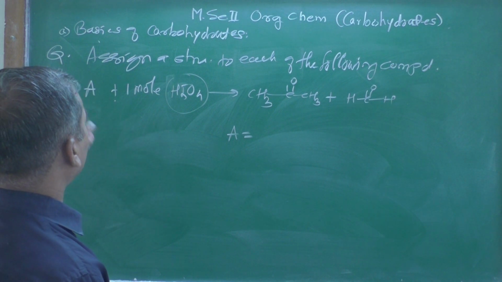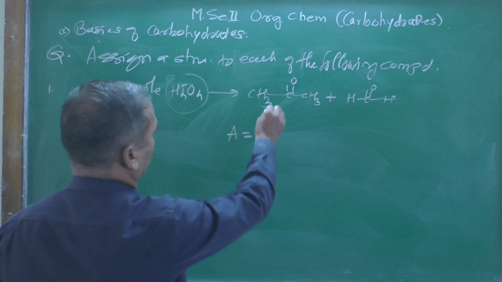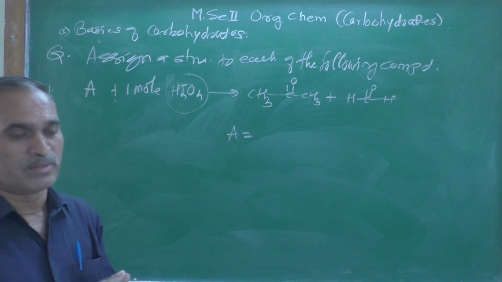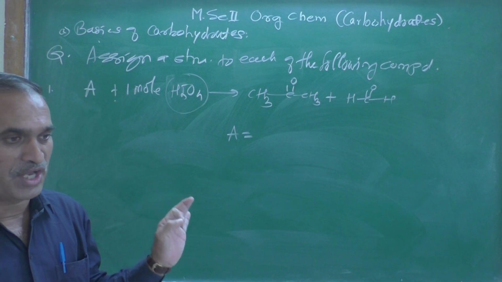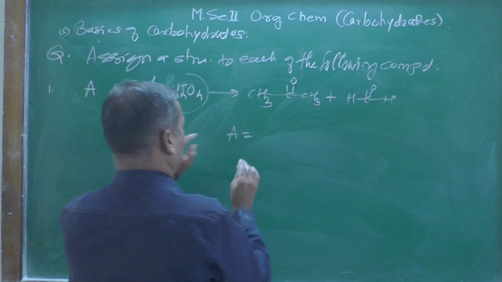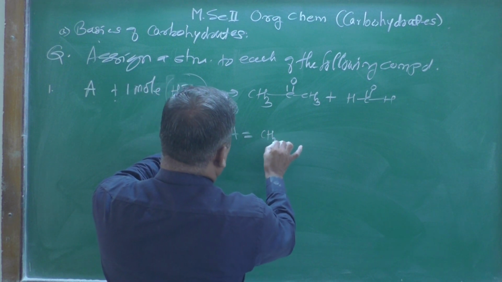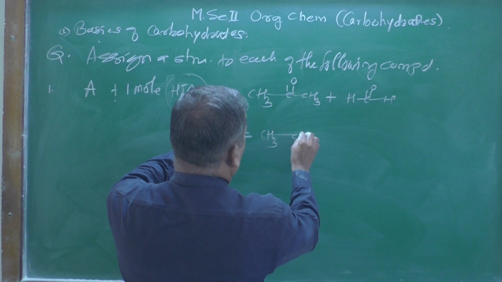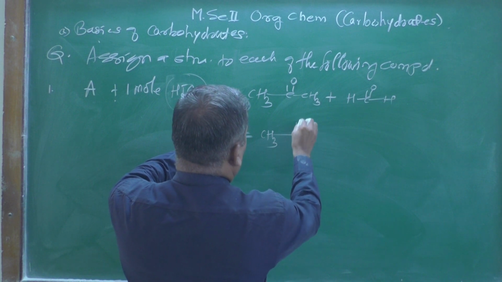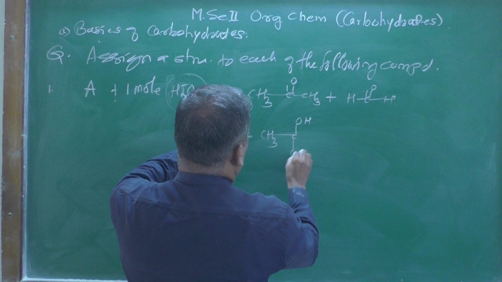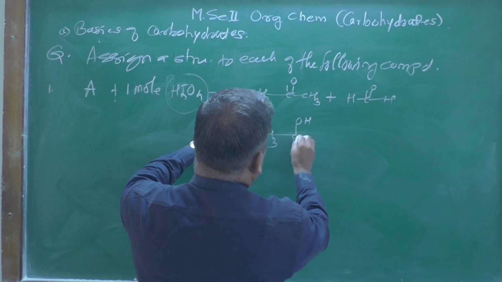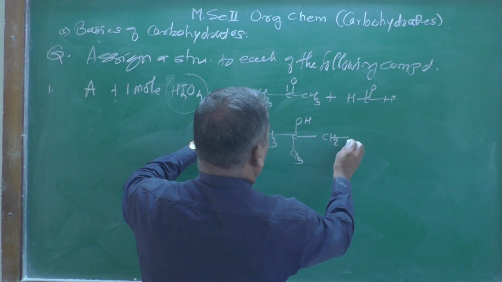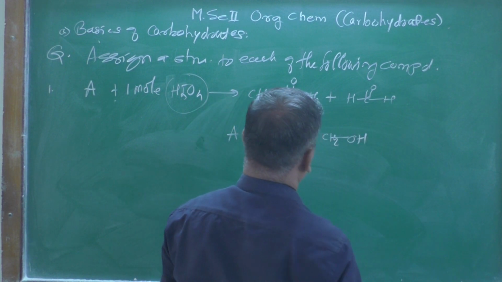Remember, the number of carbon atoms doesn't change here. Suppose I write CH3, then C with OH, then CH3 on it, then a bond, then CH2, then OH, like this.